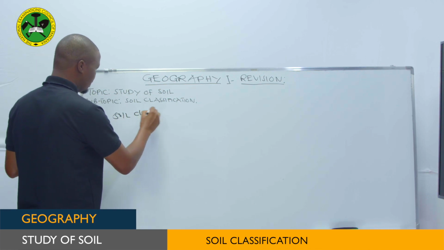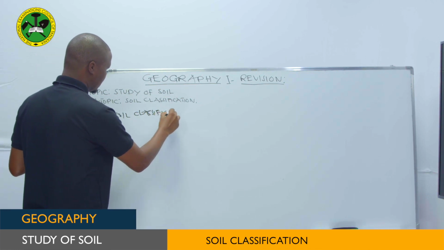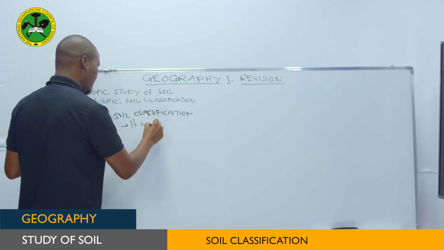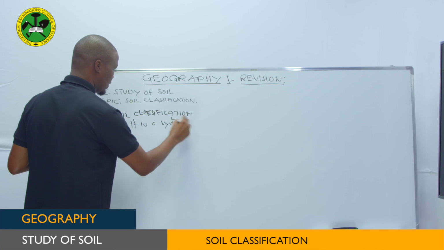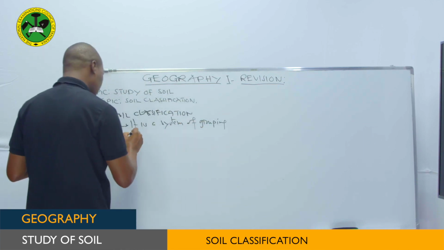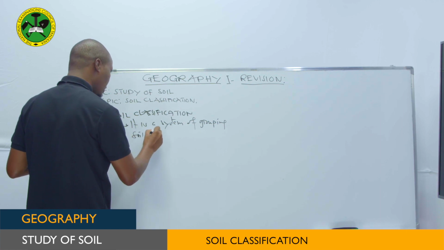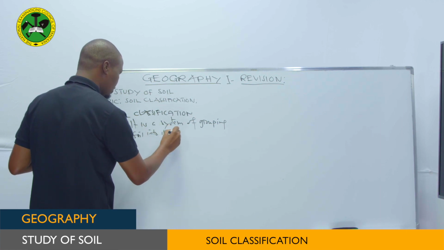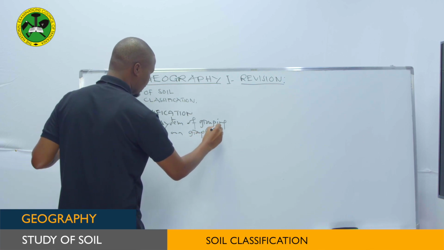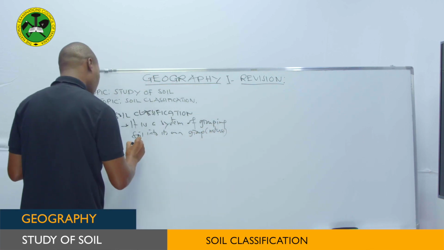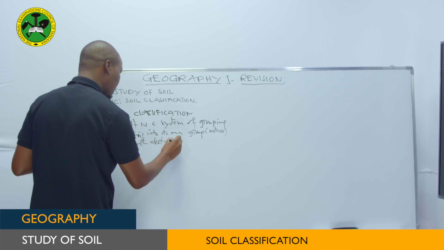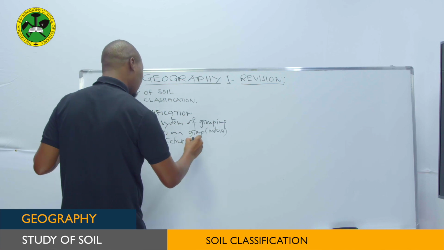Soil classification is a system of grouping soil into its own group or nature with distinctive characteristics.